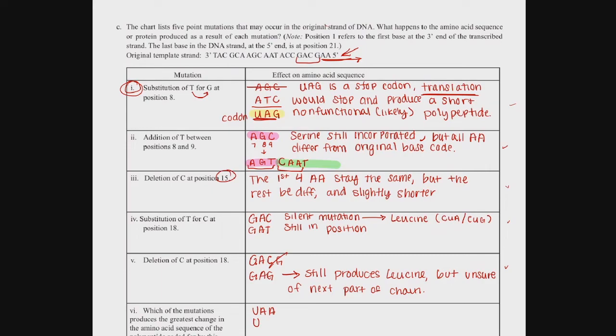You are away, or you are annoying, you go away, you are gone. So because this produces stop codon early, the mutation produces the greatest change. So mutation of I, which is this one, produces the greatest change.